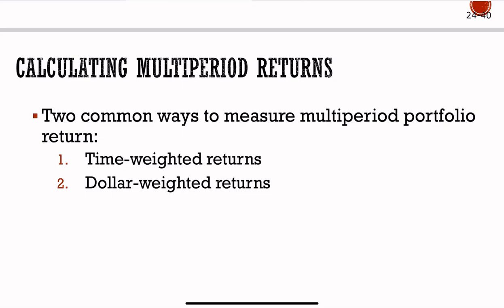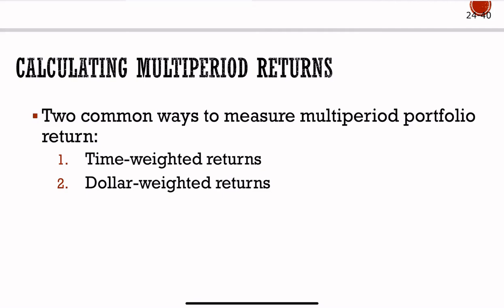So here we're thinking about the following scenario. That is, you have made some investment, and this investment has an investment horizon of multiple periods. So now you want to understand your investment's return. And then to calculate this multi-period return, we have two kinds of methods.